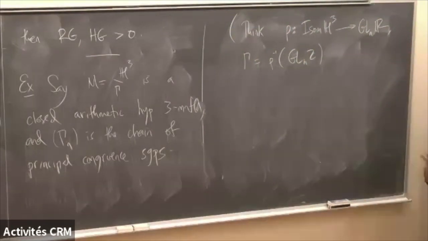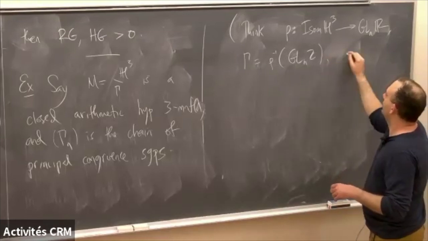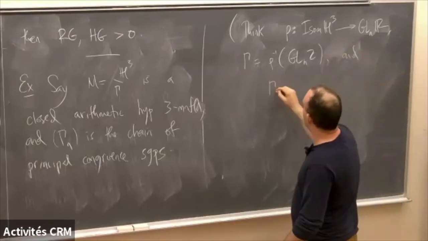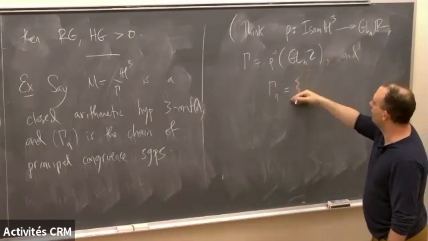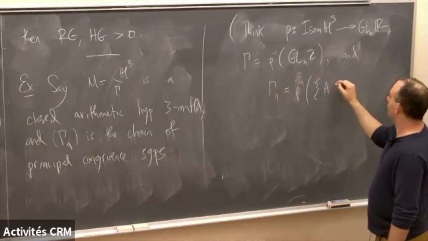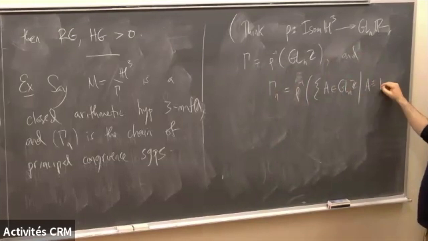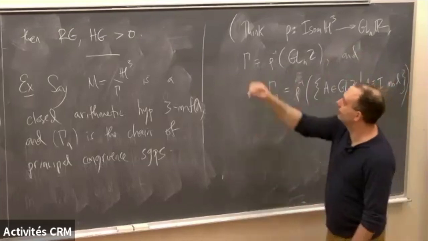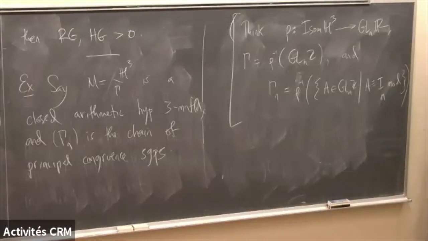I mean, think this if you've never seen any of this before. And then gamma n you want to think of as just the row inverse of all A in GL_N(Z) that are congruent to the identity matrix mod n. Okay, all right. So it's not quite right, but it's fine.